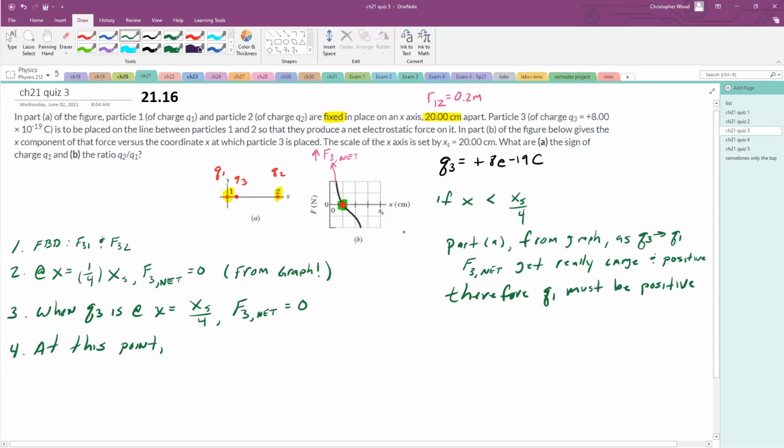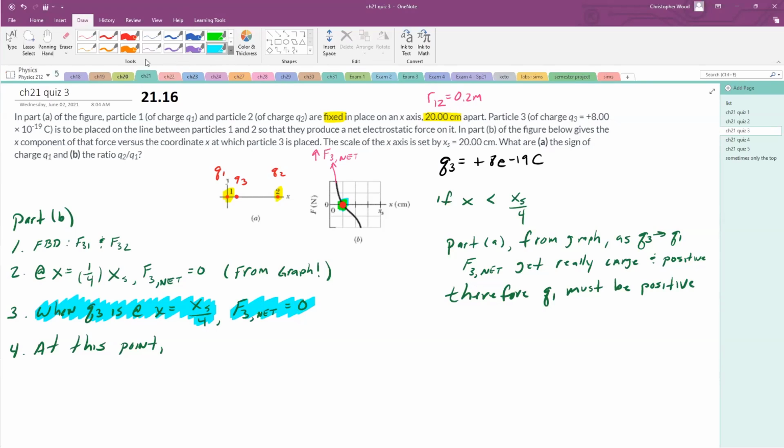Okay, so now that we know the charge of Q1 is positive, we can move on to part B. So this was maybe part B. And I'm saying when Q3 is located at that quarter distance, which is right here, when Q3 is located precisely at this point, there is no net force.